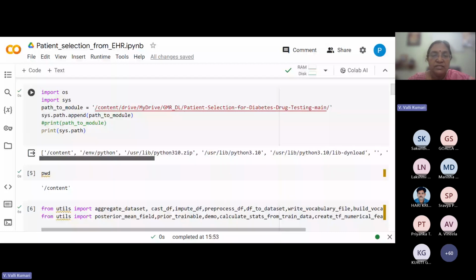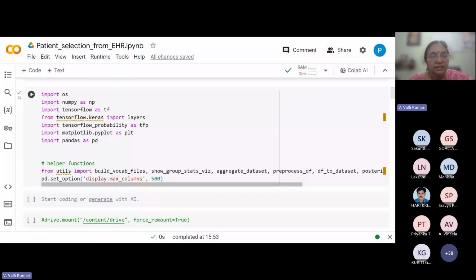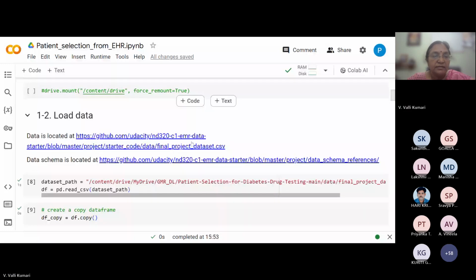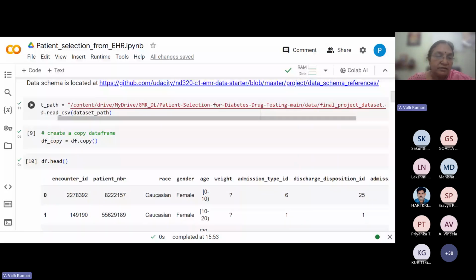So all my code is in the GMR deep learning folder, and so I have just appended the path, and then I started importing all the necessary packages and functions. And then it's just to check whether I'm getting it. So then I loaded the CSV file into this.